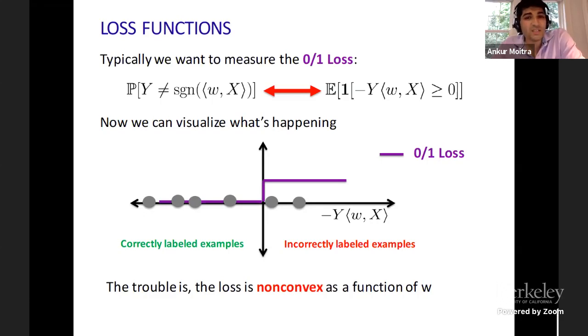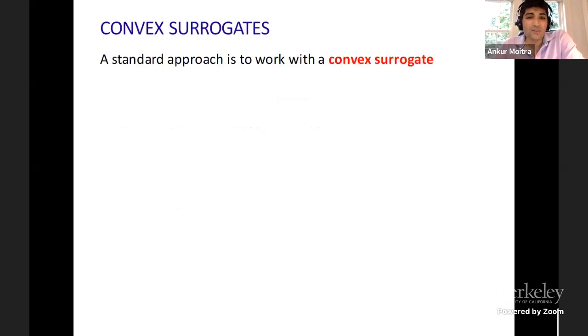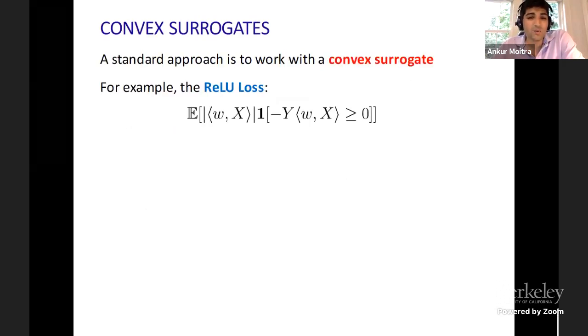This is a little bit different from the sense in which you use convex relaxations in approximation algorithms. Here they're called convex surrogates, because you want to create some other convex function that behaves almost the same as the loss that you really want to minimize.